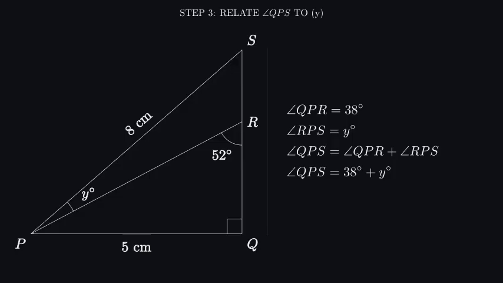The angle from PR to PS is y degrees. This is the same angle written as angle SPR equals y degrees, because the vertex is still P. The full angle from PQ to PS is made up of the 38 degrees angle plus the y degrees angle. So, angle QPS equals 38 degrees plus y degrees.